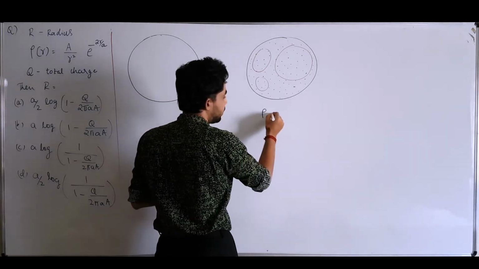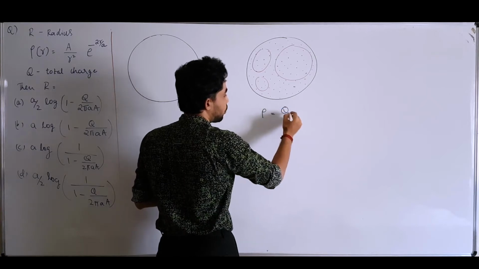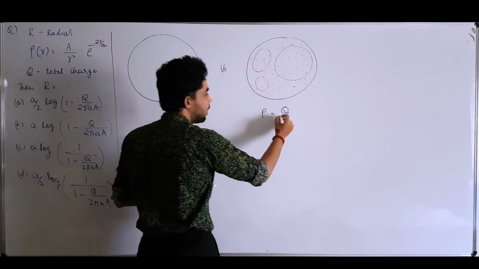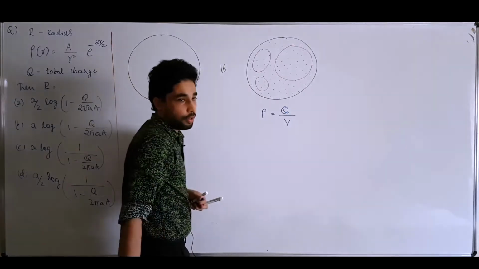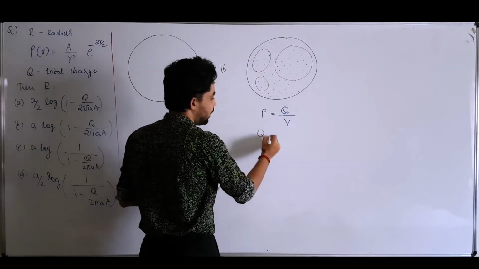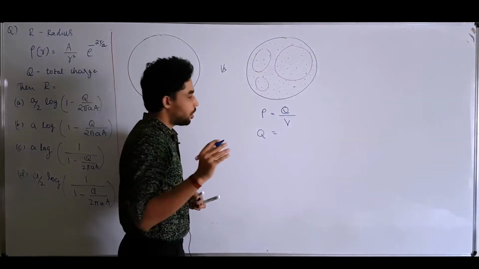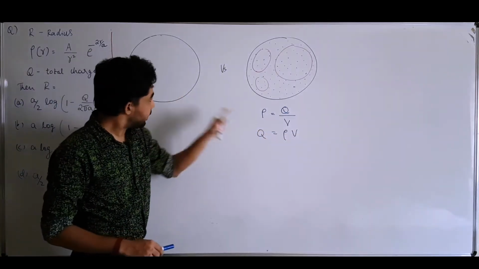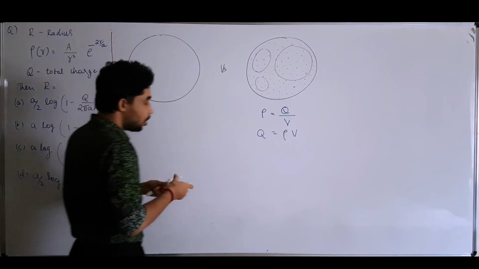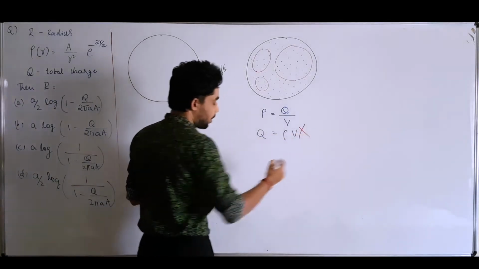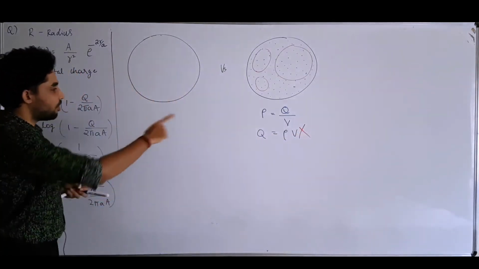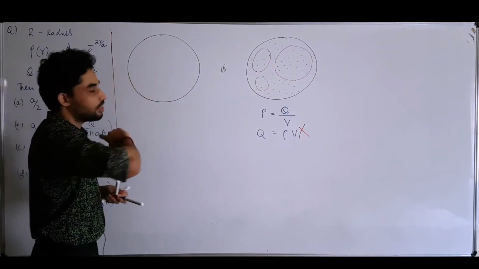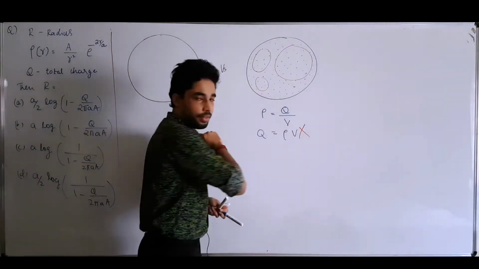That is, the charge density will be the total charge present in the sphere divided by the total volume. So in that case, you would easily be able to find the total charge, that is the charge density times volume. But in this case, we won't be able to do it like this. Why? Because the charge density is not constant and it varies across the distance, so this will be wrong.